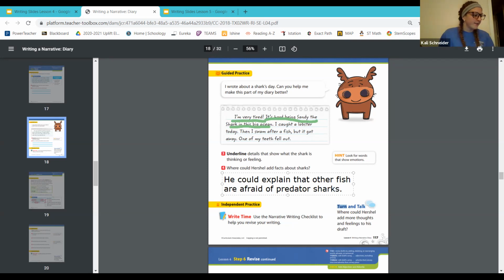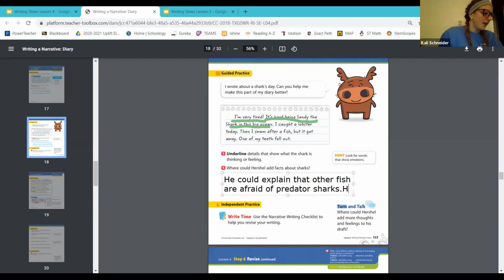What else could he explain? It's the last sentence, right? One of my teeth fell out. We already talked about this. You could add more facts right then and there, right? About sharks and what's cool about their teeth, because we definitely don't have that. I think it's pretty cool that people understand that sharks have all the teeth and they just pop right up when they lose them and get a new one. I think it'd be cool to add.